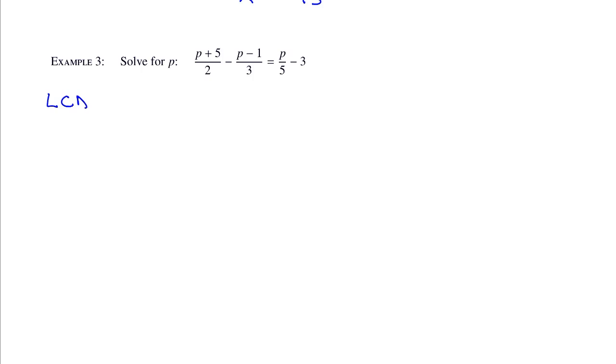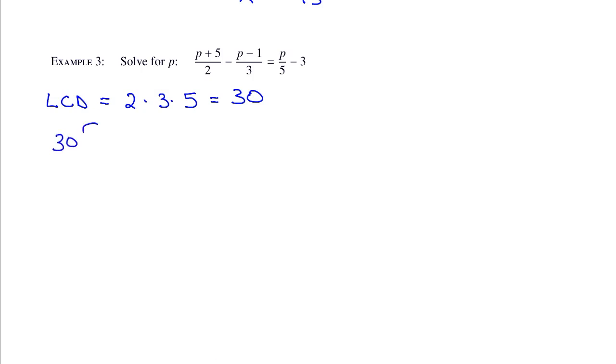The least common denominator for this equation is simply the product of all three of these denominators, 2 times 3 times 5. And we know this because 2, 3, and 5 do not share any common factors, so the common denominator is the least common denominator. And that's 30. We're going to multiply both sides of the equation by 30.